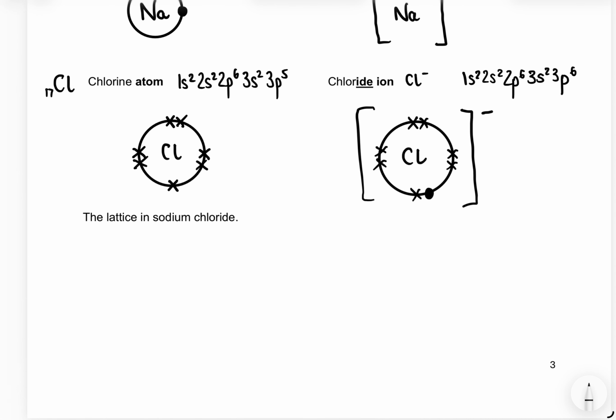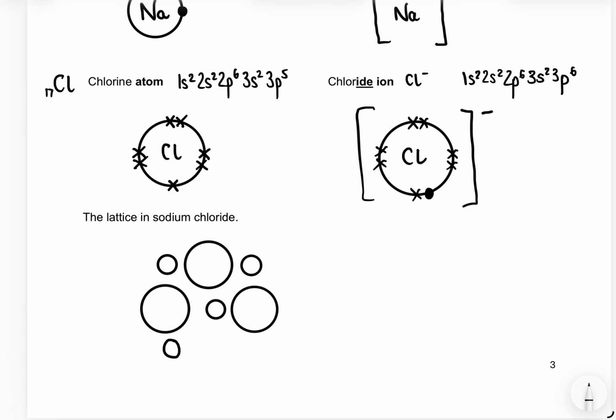So we're going to go sodium, and then a slightly bigger chloride ion, and then back to a sodium. If you drew these the same size, you would still get the marks, but it's bigger chloride, smaller sodium, bigger chloride.